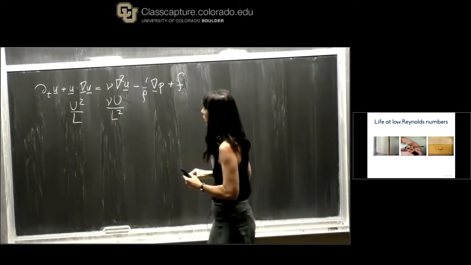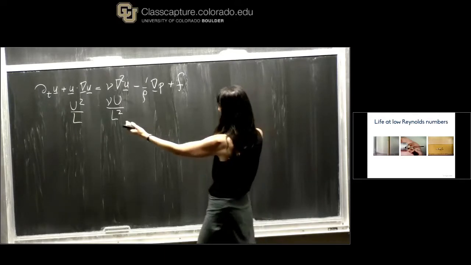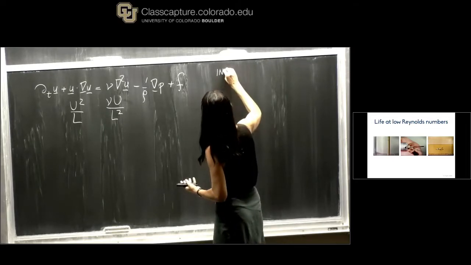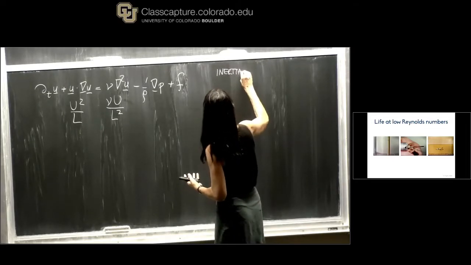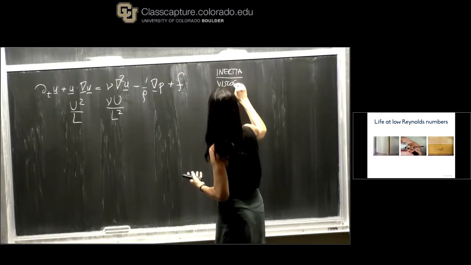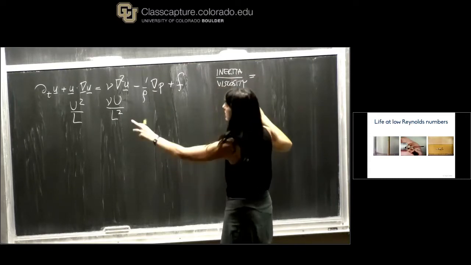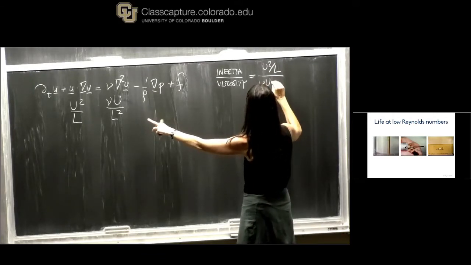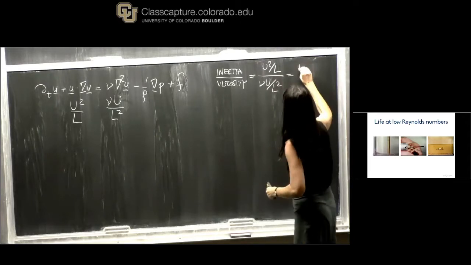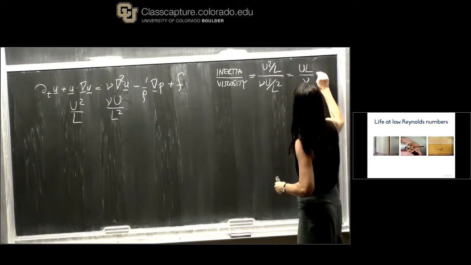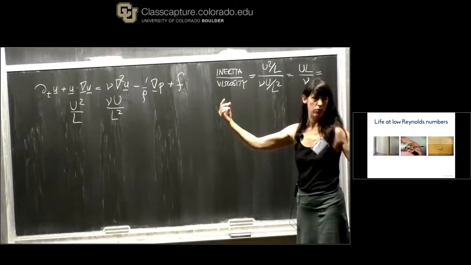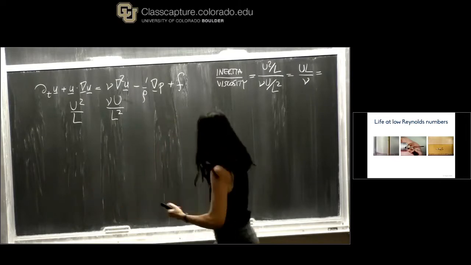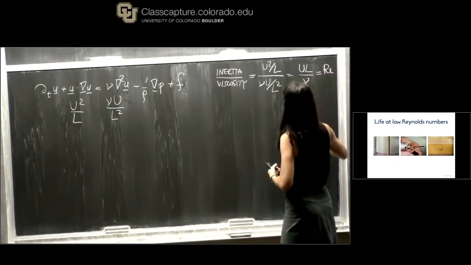And so bacteria are very small, so L will be of the order of a few microns. If we do inertia divided by viscosity, this will be u squared divided by L, divided by nu u over L squared, and this is then uL divided by nu. And this is the, sorry? Reynolds number, yes. Okay, our hero Reynolds number.